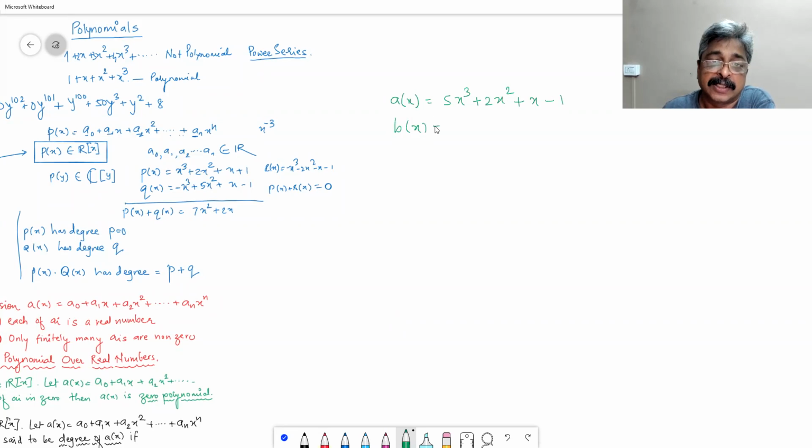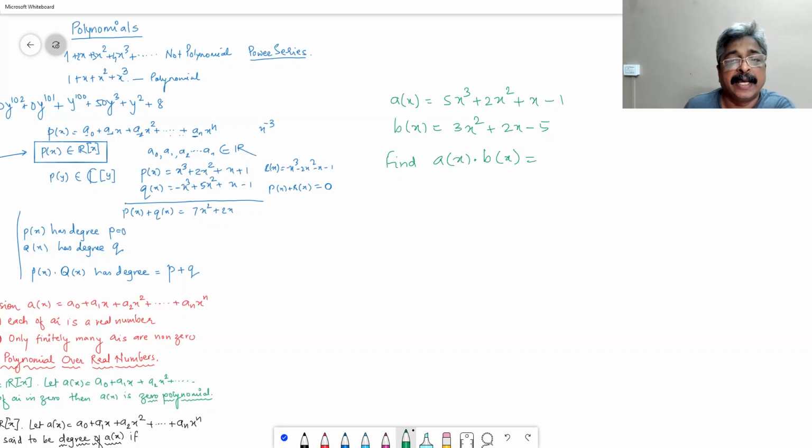B of x is equal to 3x square plus 2x minus 5. Find a of x into b of x. This is the simplest exercise that I can give you. Without making any error in any of the coefficients, find out what is the product polynomial.